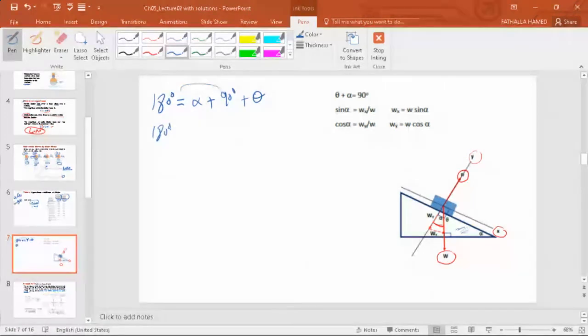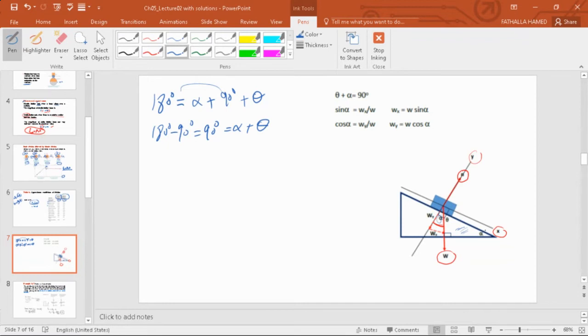So I'll have 180 degrees minus 90, and that of course will give me 90 degrees, and that should equal alpha plus theta. So if this angle here is theta, but this should be 90 degrees, means theta plus alpha is equal to 90 degrees.